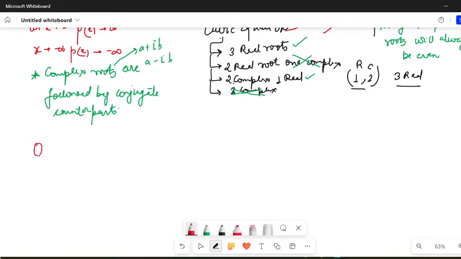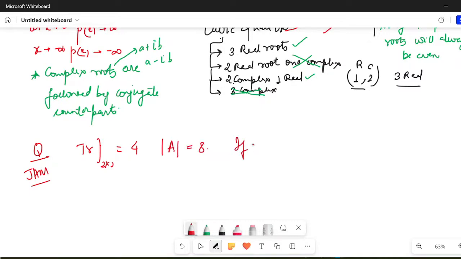Okay, so just think about this. This particular question was asked in JAM exam, and the question says that the trace of a 2 cross 2 matrix is given to be equal to 4, and the determinant is given to be equal to 8.